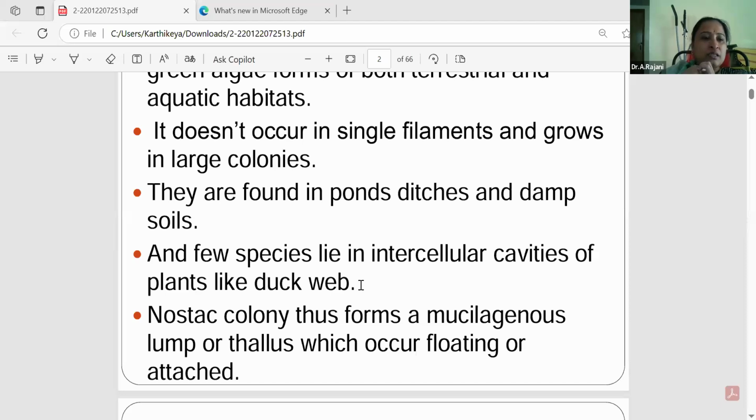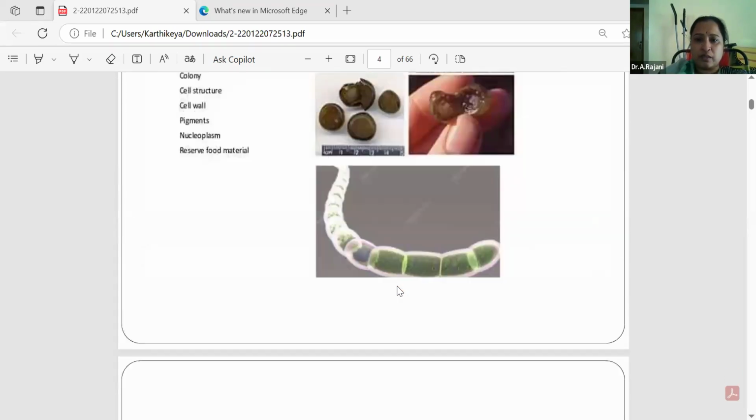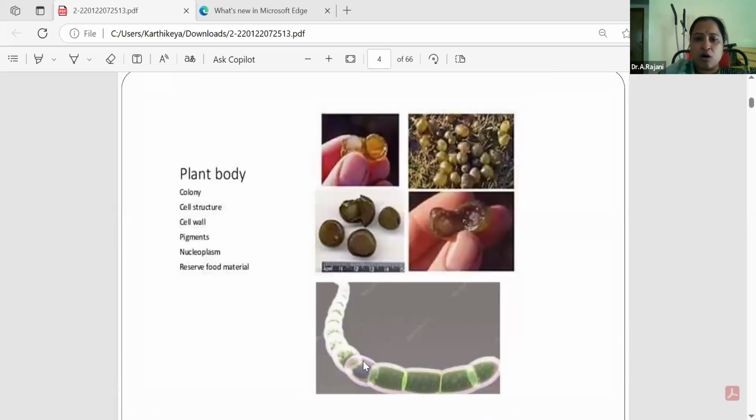Here, the most important characteristic of Nostoc is the colony. This colony is also a ball-like colony. What type of colony? A bead or ball-like colony enveloped by one gelatinous sheath. See, this is a colony.